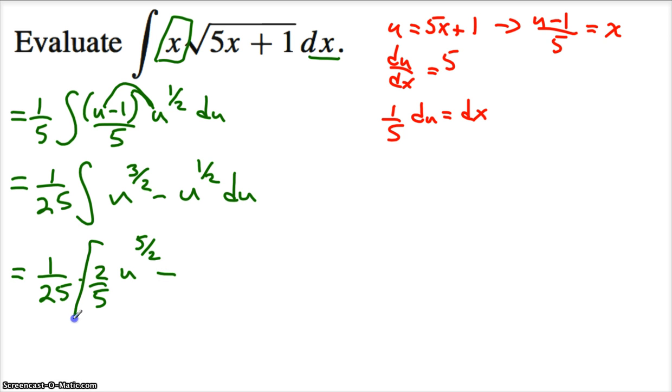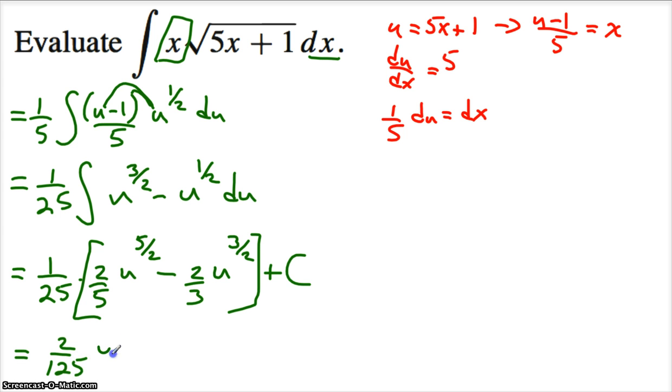Minus, add 1 here, we get 3/2. And we need to divide by that exponent, so flip and multiply again, we get 2/3. Okay, plus c. Let's use the distributive property here. So this will be 2 over 1/25 u to the 5/2 minus 1/25 times 2/3 is 2 over 75 u to the 3/2 plus c.